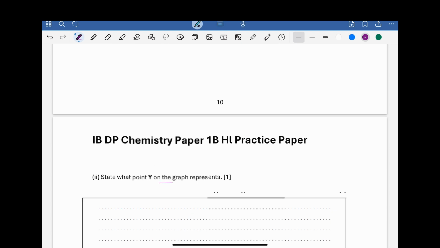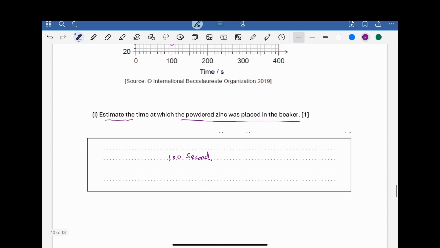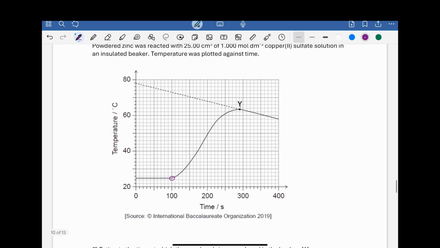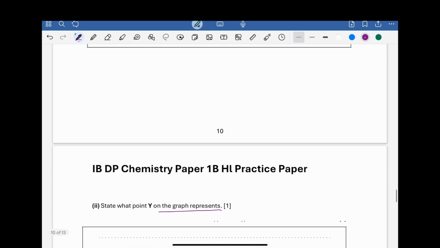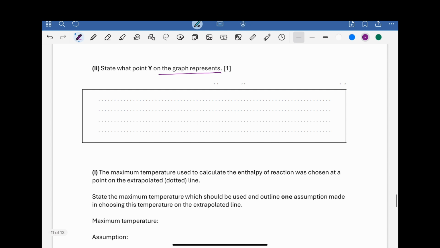Number 2, state what point Y on the graph represents. So let's go back and have a look at what Y is. Y represents the highest recorded temperature.